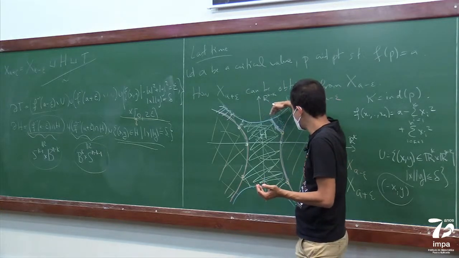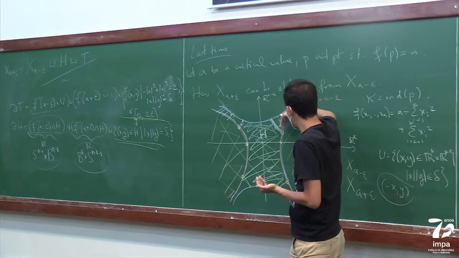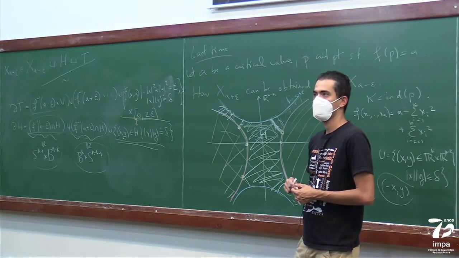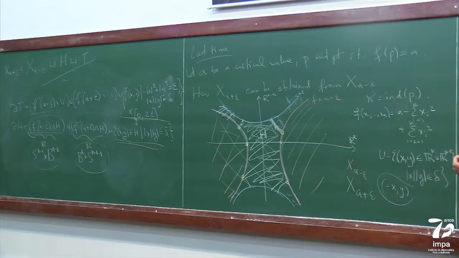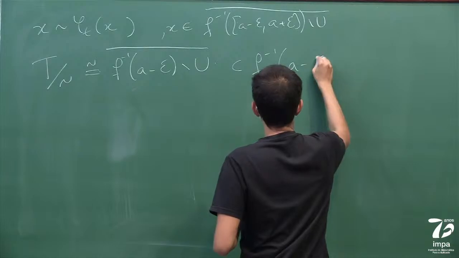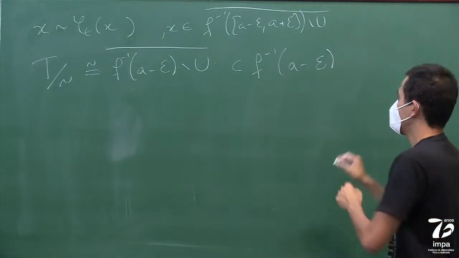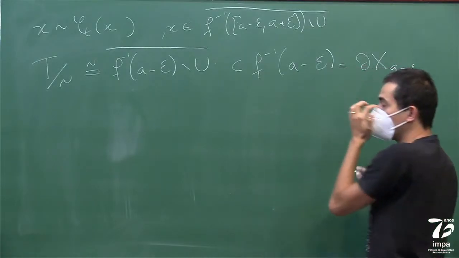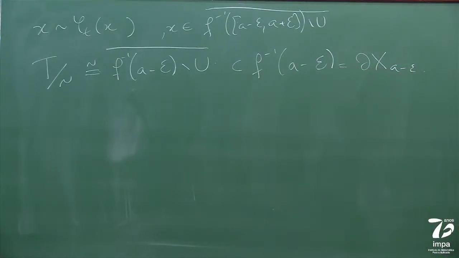It becomes part of the boundary of x a minus epsilon. So after I collapse, this guy is already part of this guy, the f inverse of a minus epsilon, which is the boundary of this guy. So this trivial part is not doing anything.